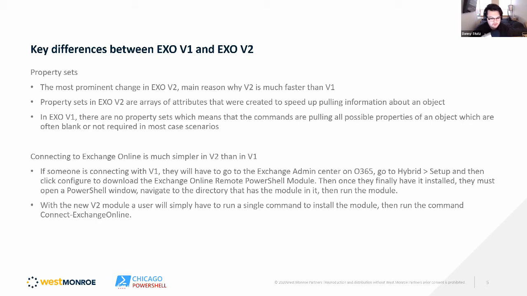There are often just a lot of blank attributes too, but that's still an attribute that you're going to have to store and iterate over. So this is the main reason why v2 was touted as a lot faster than v1. The old degraded v1 commands are slower because property sets enabled v2 to be significantly faster.